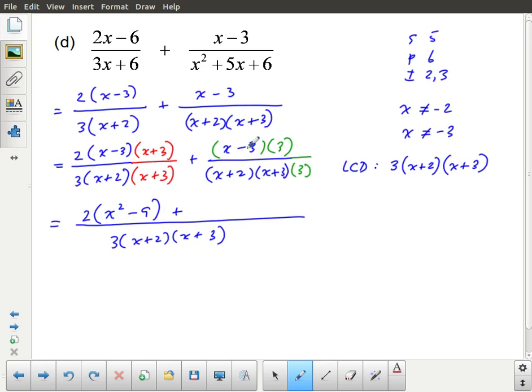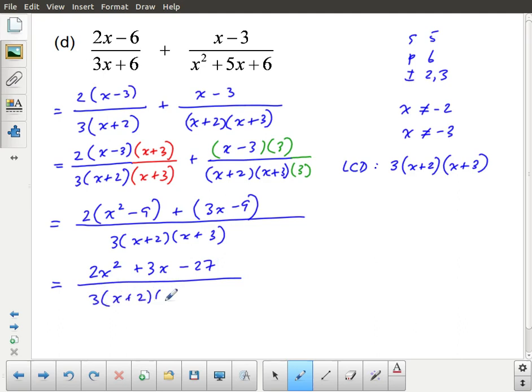Plus, and I can go ahead and expand in 3 times x minus 3 is 3x minus 9, is equal to 2x squared plus 3x, and 2 times -9 is -18, minus 9 is -27, all divided by 3 times x plus 2 times x plus 3.